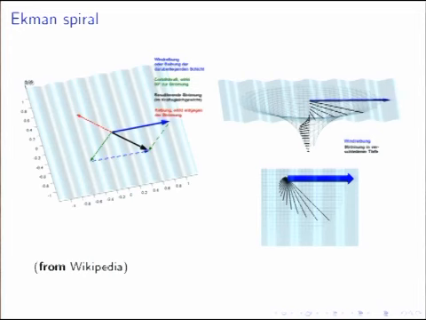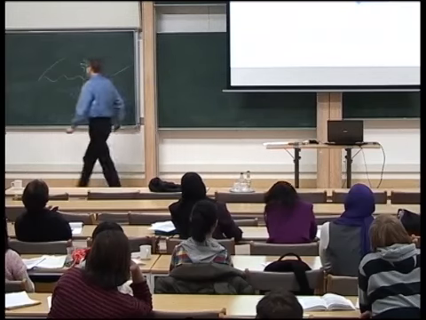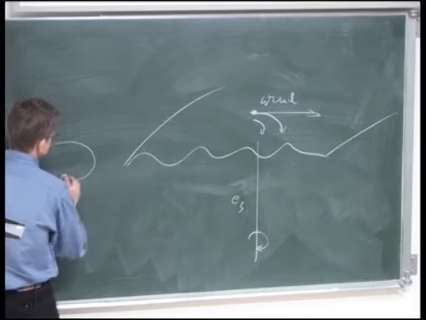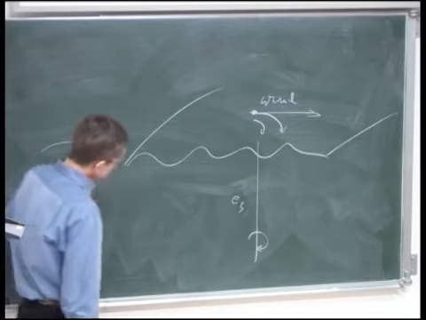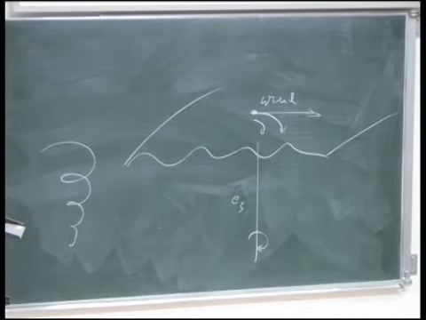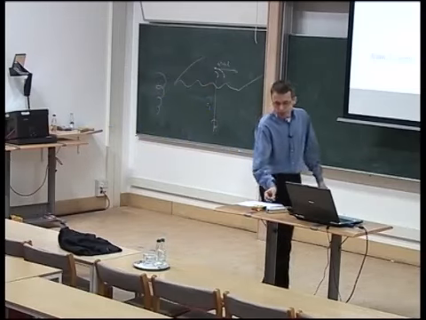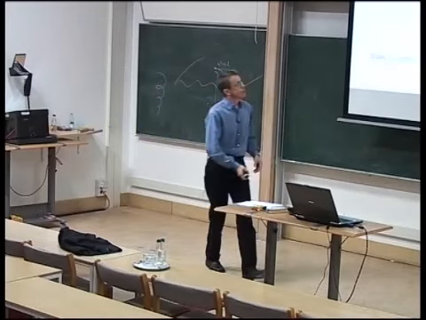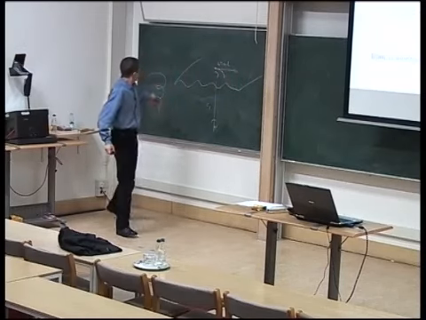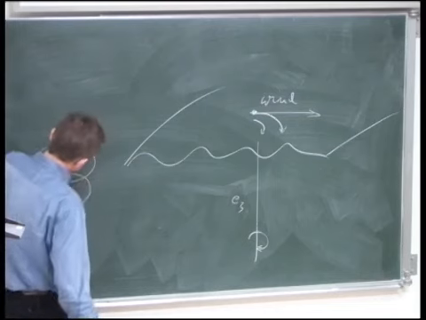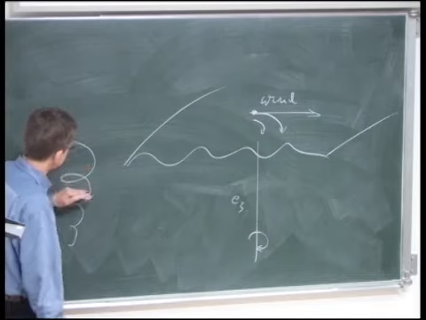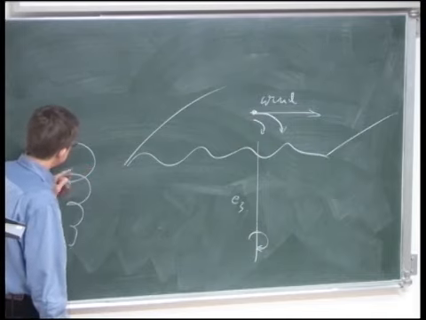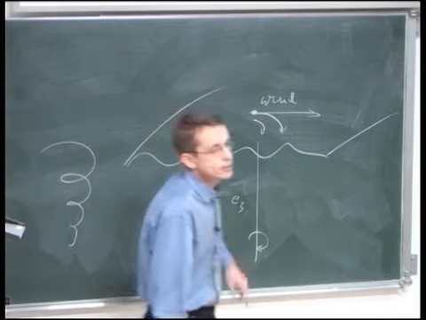This is what you also see in reality, this kind of motion. The depth in reality is approximately 100 meters. And you can even see that with increasing depth of the ocean, the direction of the fluid can be even opposite to the wind direction.